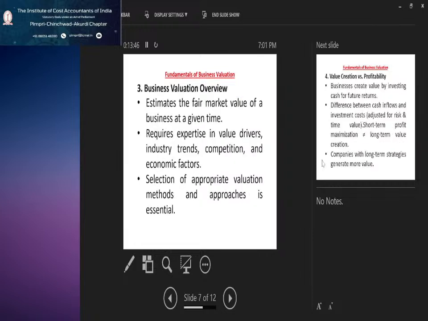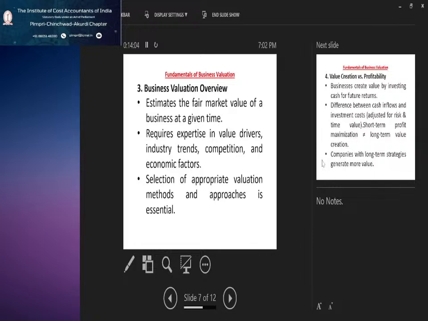Continuing with an overview of business valuation, it includes estimation of the fair market value of a business at any given point in time. It requires expertise in value drivers, industry trends, competition and economic factors, and that's where the judgmental aspects come into play.